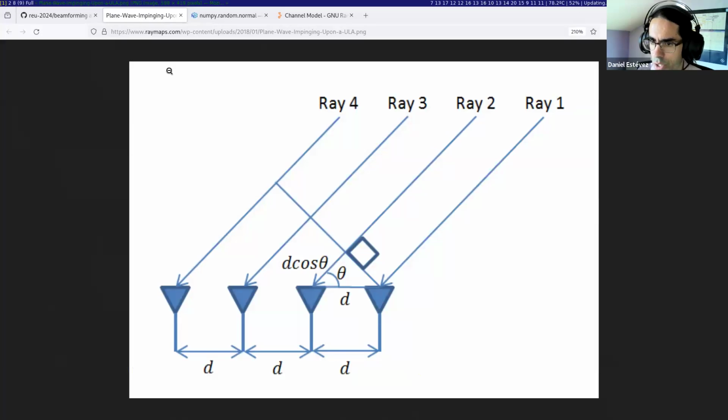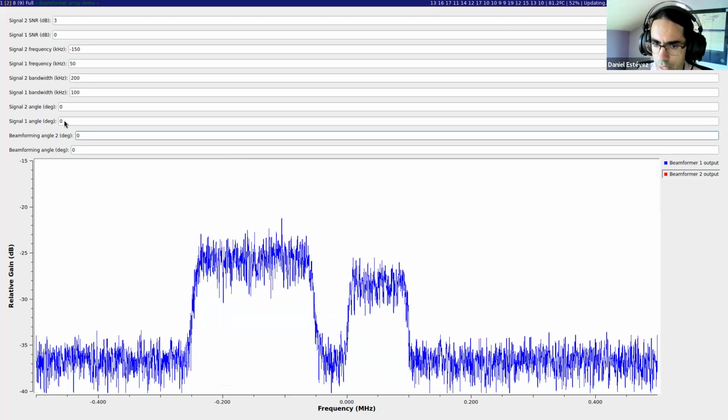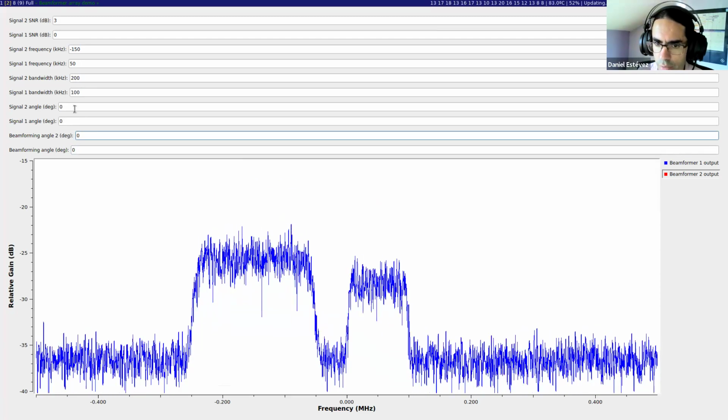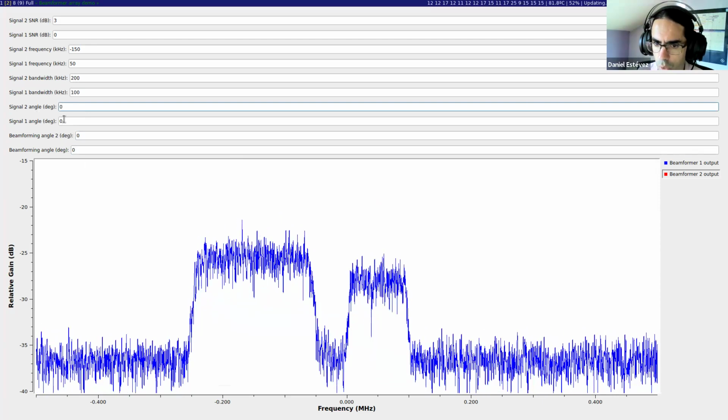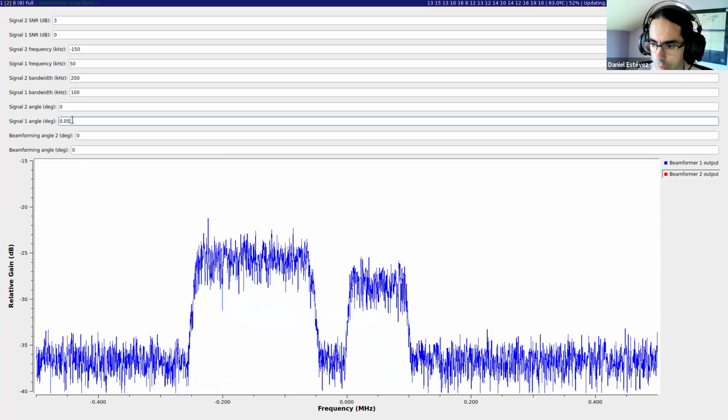This corresponds to the situation where the source is above, like here, and it arrives at the same time to both antennas. So then let's take one of the signals, for example signal 1, and start changing the angle.